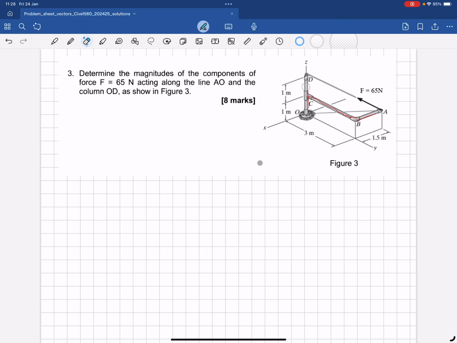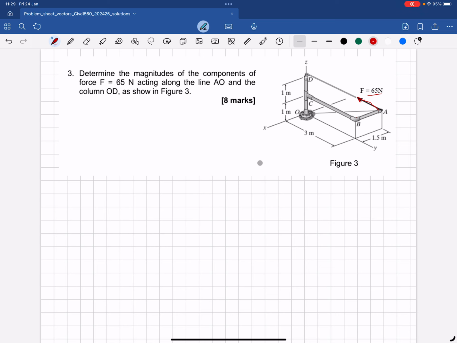We have one force acting, F, 65 along the line from A to D, so it's at an angle. You need to just look at this diagram carefully.